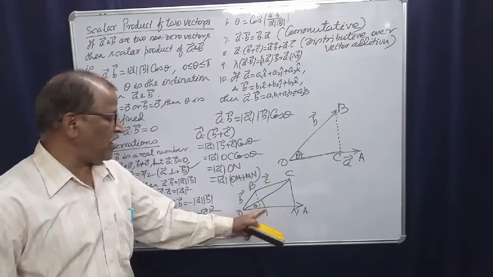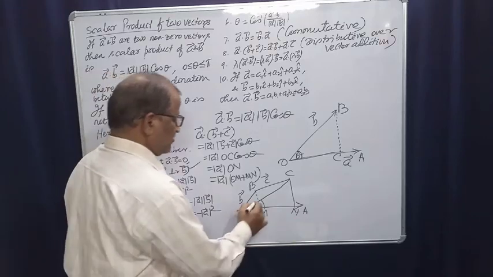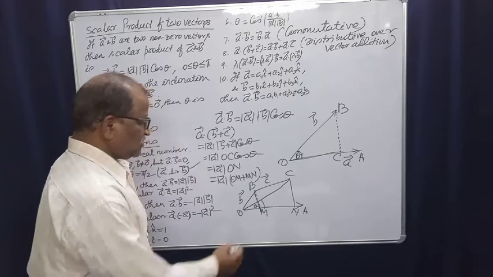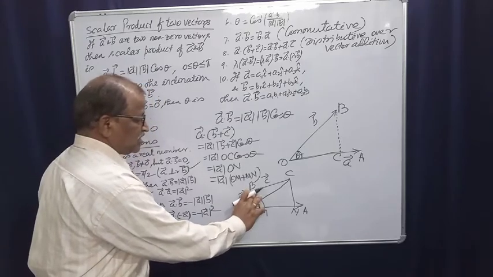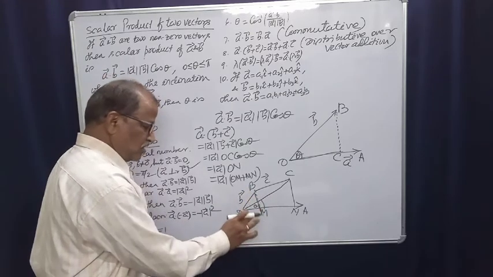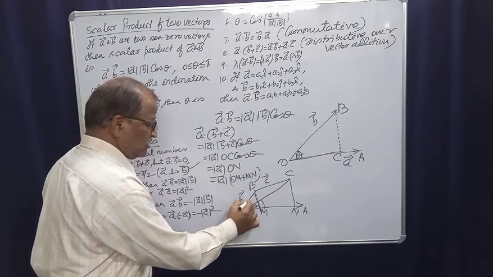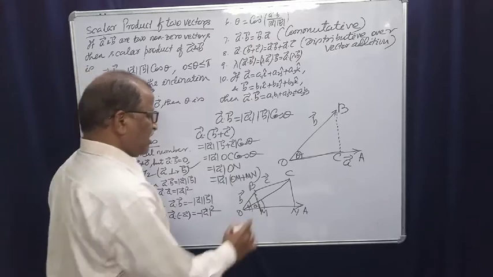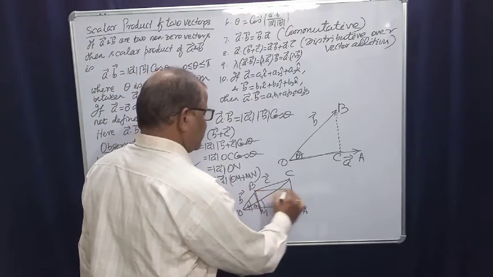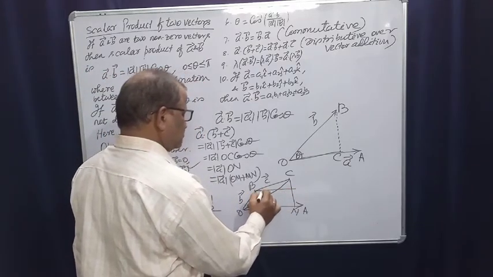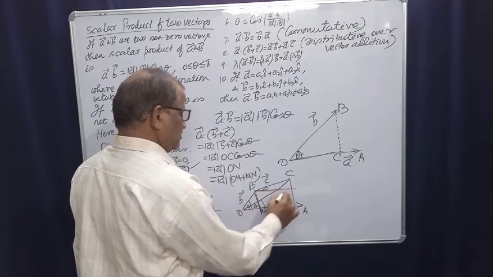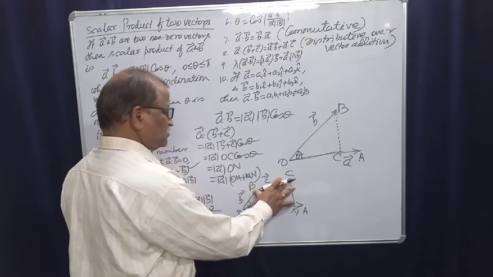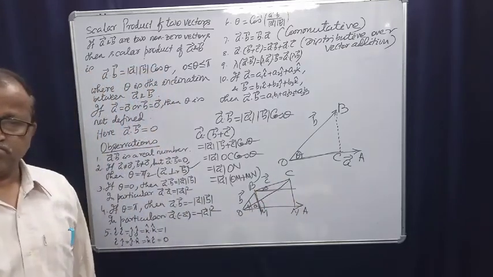OM plus MN. M is this. What is OM? This is magnitude of B cos alpha, and here if we draw a parallel line, say beta, then MN is magnitude of C cos beta.